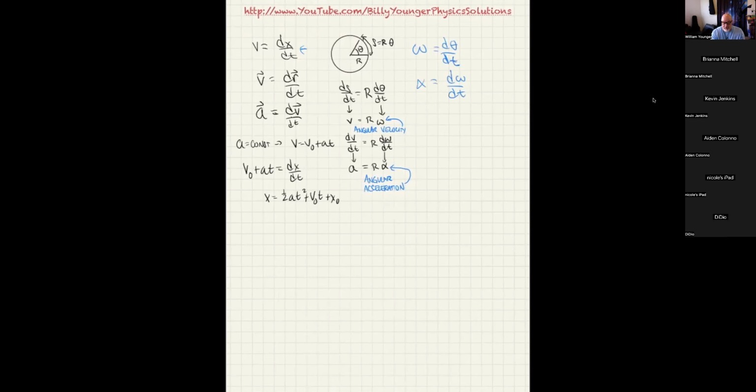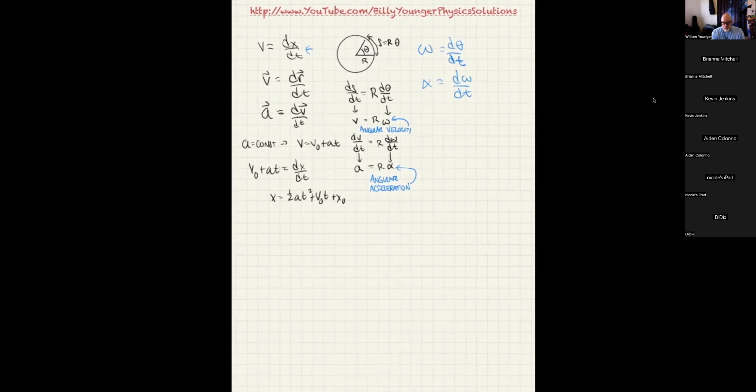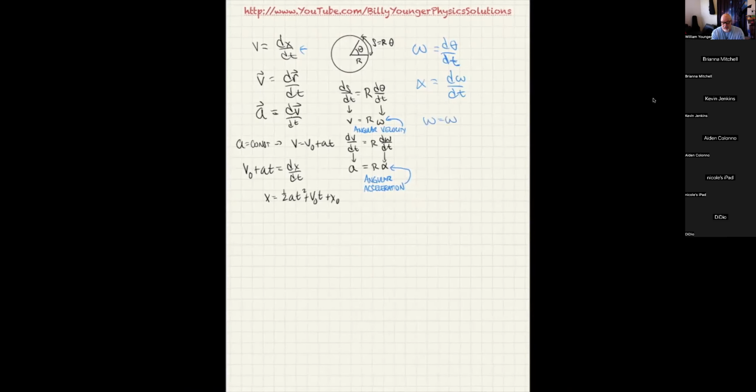We also have, check this out, v equals v0 plus at. Well, that's just omega equals omega 0 plus alpha t, and x equals 1/2 at squared plus v0 t plus x0. Well, that's just theta is equal to 1/2 alpha t squared plus omega 0 times t plus theta 0.